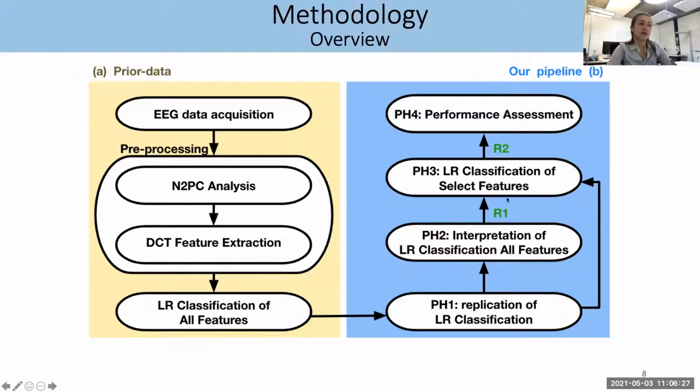From there, we extract and select which features have the highest weight in the classification, and then retrain the logistic regression classifier, comparing the performances between the original and the retrained classifier.